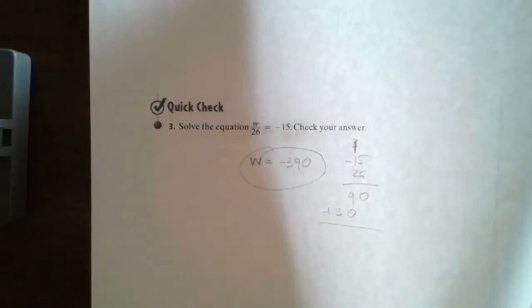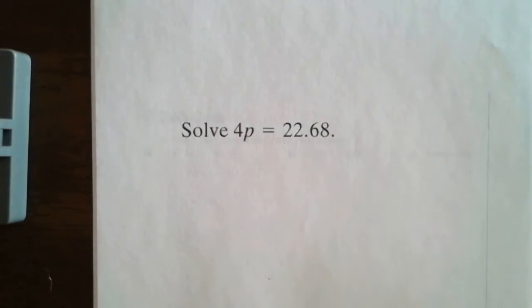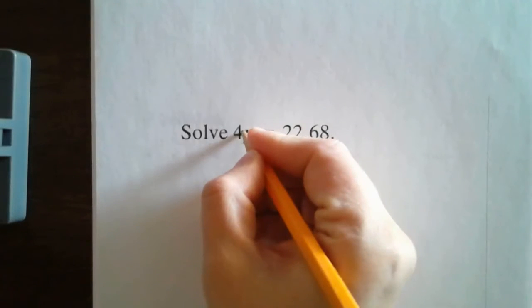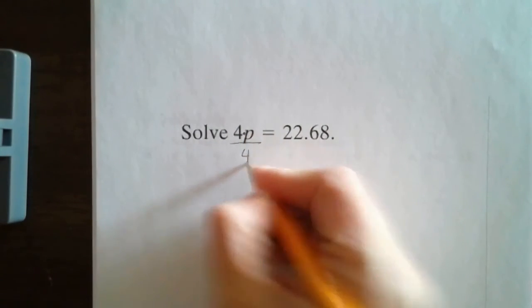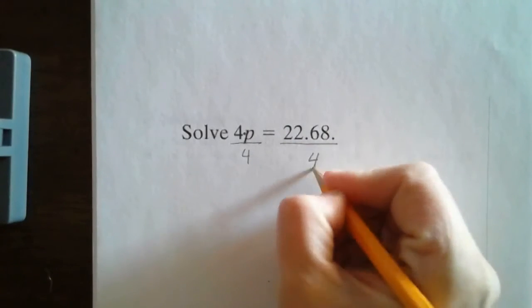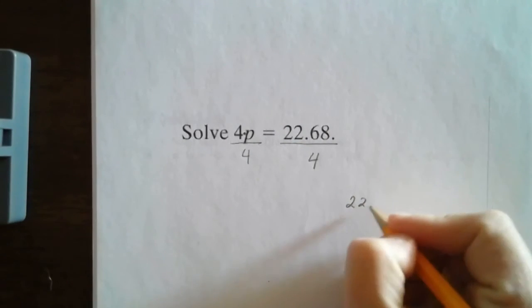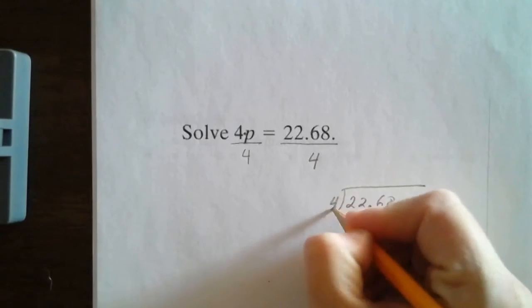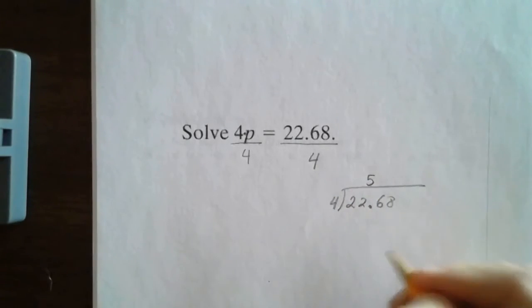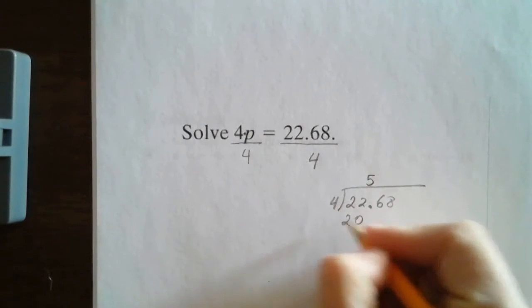Okay, and the final thing, multiplication. So now I have a multiplication here. I have to divide. So I'm going to divide by 4. How many 4s in 22? That's 5. 5 times 4 is 20.